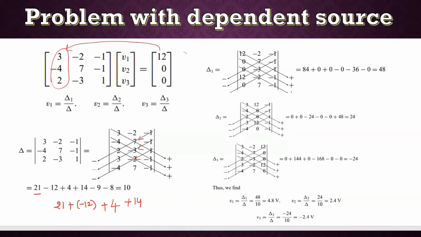Next row, -1 into -3, 3, 3 into 3, 9. Next, -1 into -2, -2, -2 into -4, 8. So if you do the calculation, you'll get 10. That means the determinant of the matrix is 10.